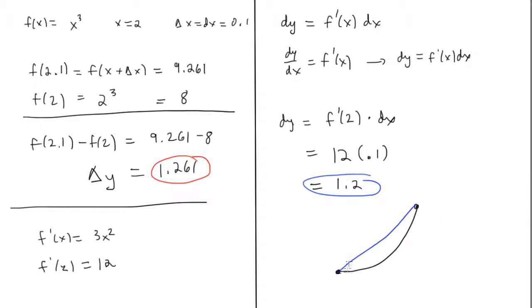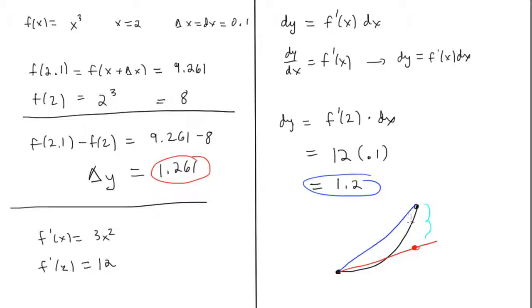And this other thing is giving me, I'm computing this basically, what's the slope of the tangent line, and then what does the tangent line do over this distance. And now you see, of course, this graph is perhaps not the best, that the two things aren't the same, but for small values of delta x, or dx, these two things are going to be relatively close to each other.